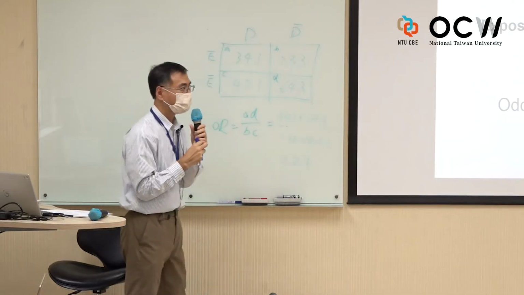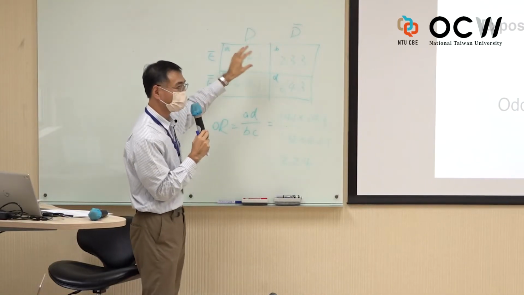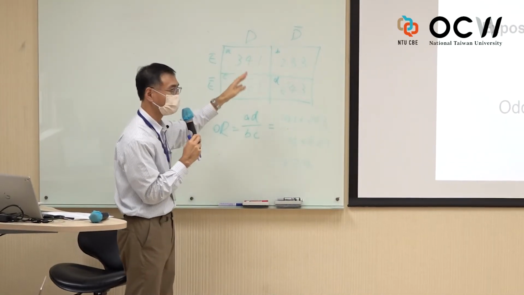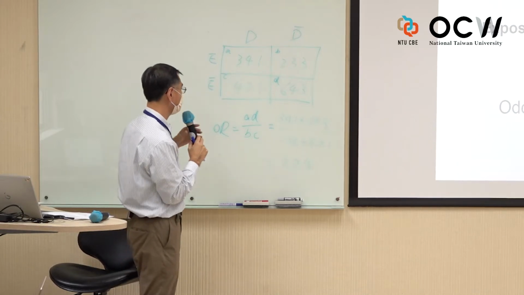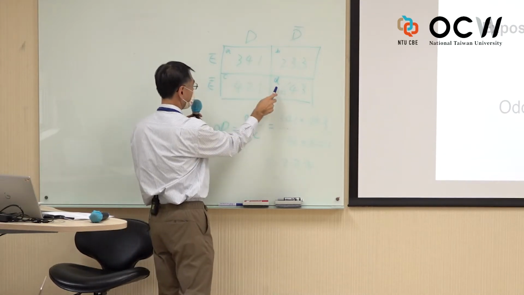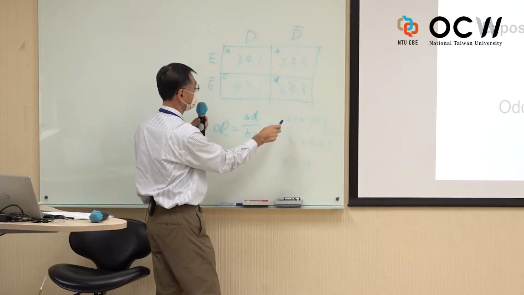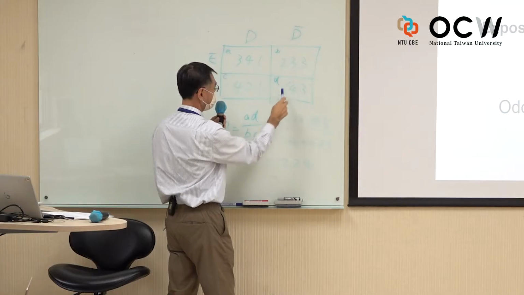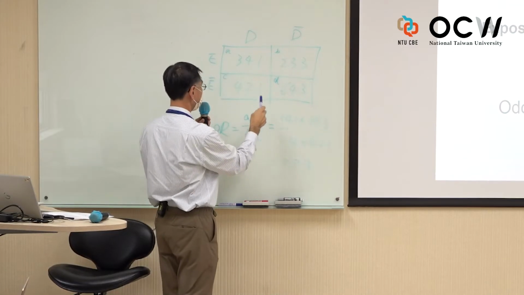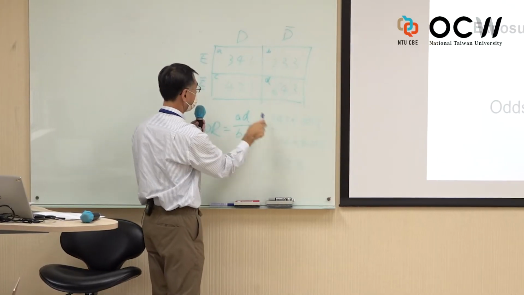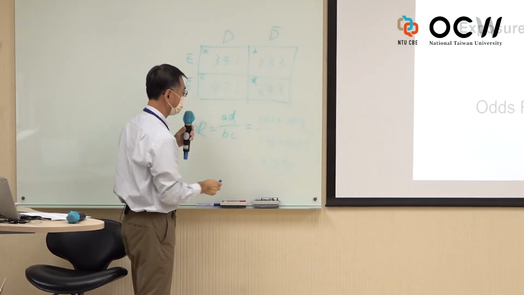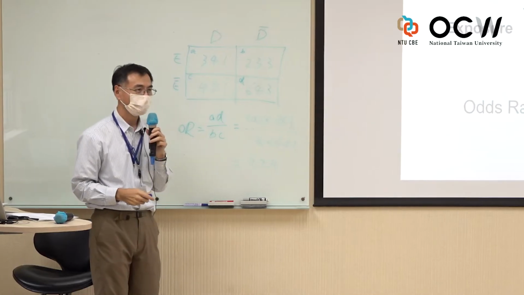Okay, so if you do it right for the arrangement for the position of A, B, C, and D, it will be very easy, right? A times D, which is 341 times 643 divided by 233 times 421. So the answer will be 2.24.